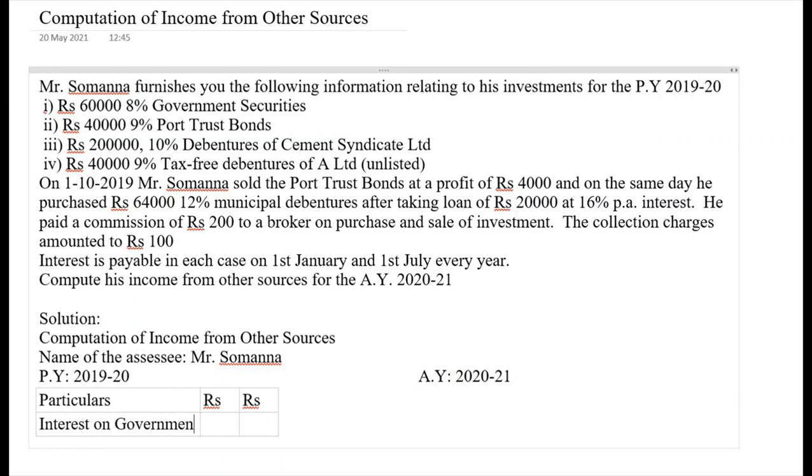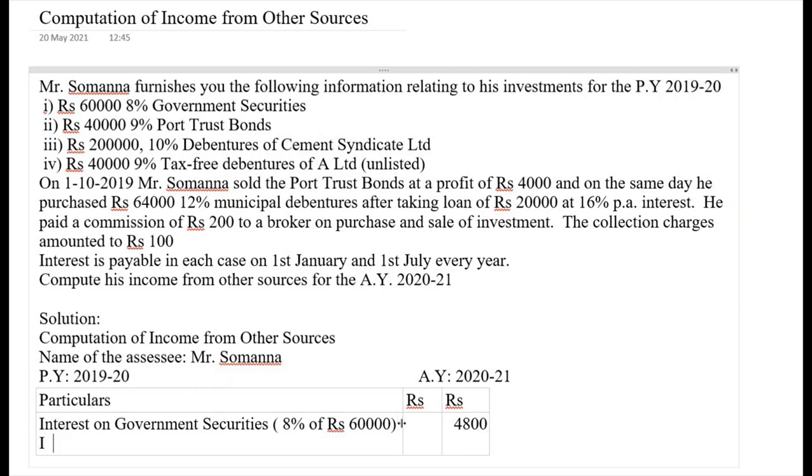So the first one, interest on government securities. So here it is 8% of rupees 60,000, which comes to rupees 4,800. Then the next one here, interest on port trust bonds. So this is taken at 9%.